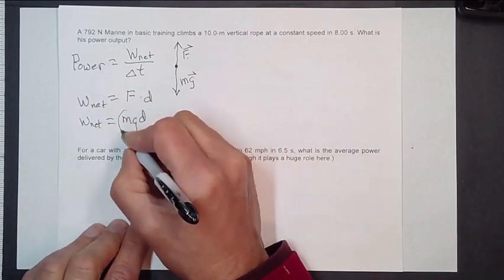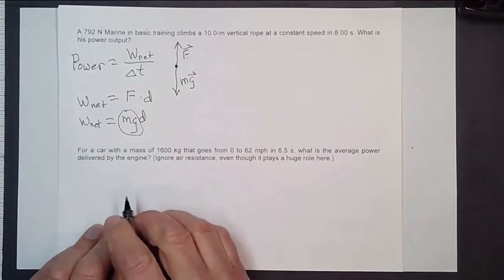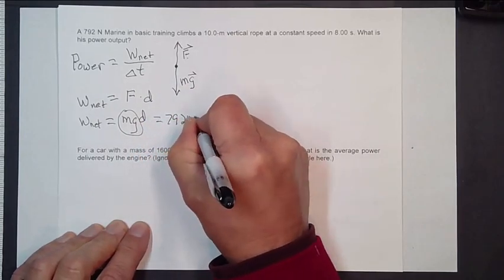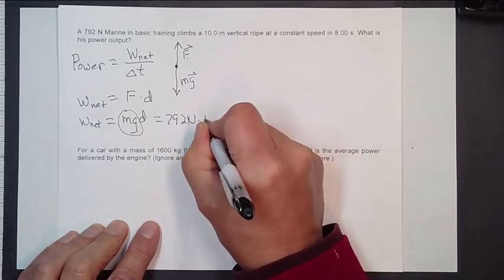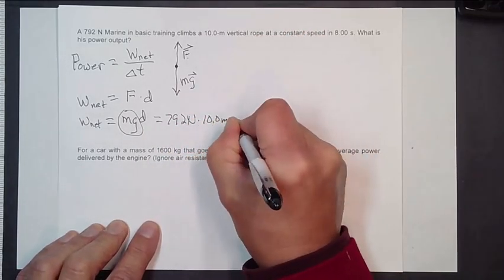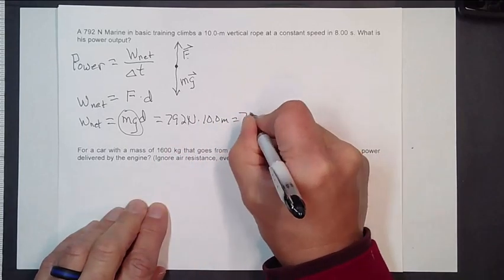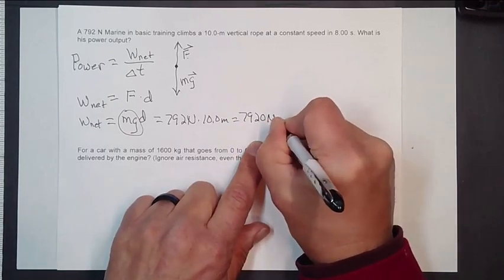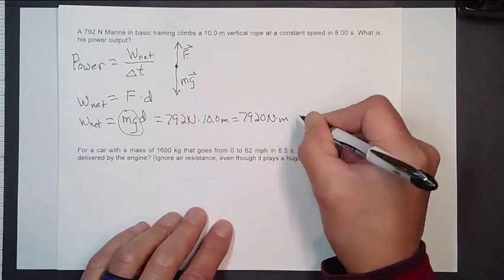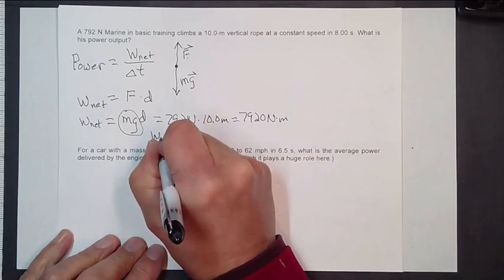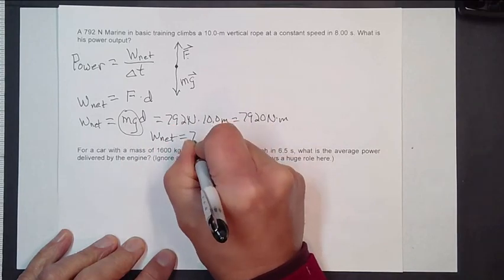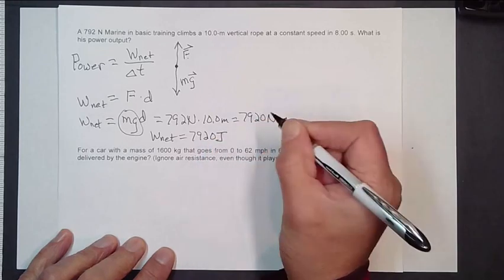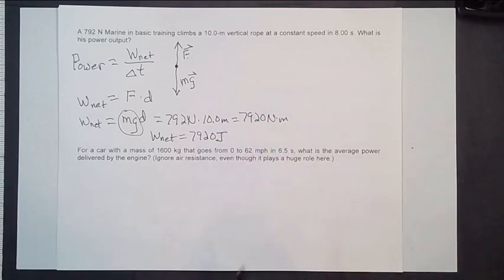We're told that for him, mg is 792 newtons, so 792 newtons times 10 meters of displacement, and we get 7920 Newton meters, but a Newton meter is a joule. So the net work is 7,920 joules.